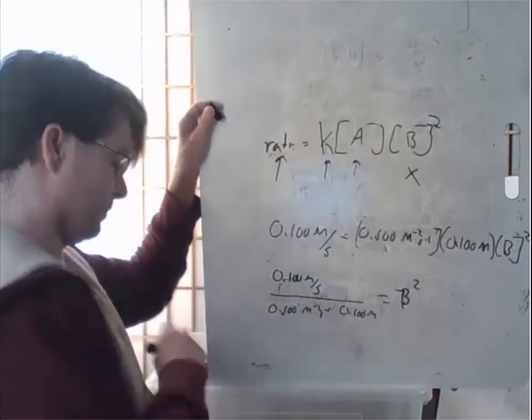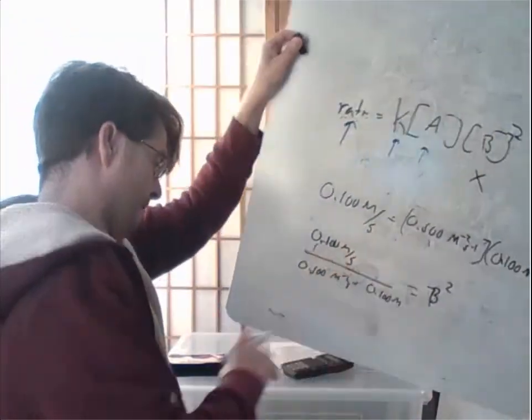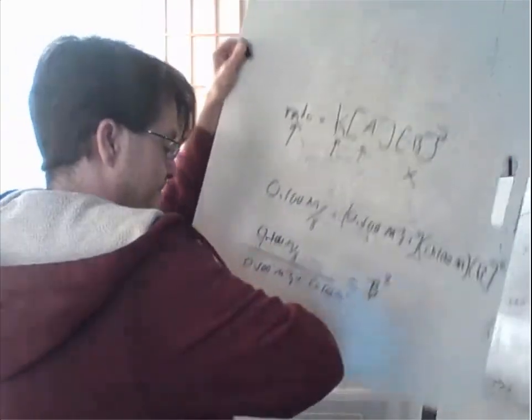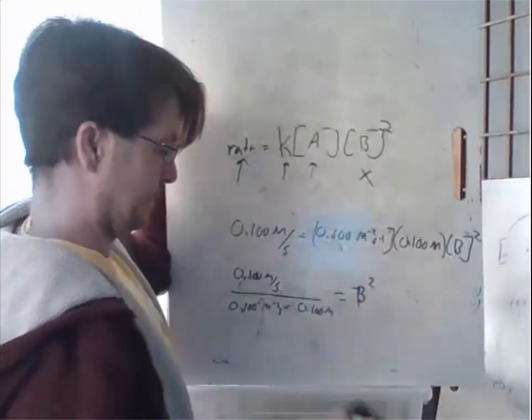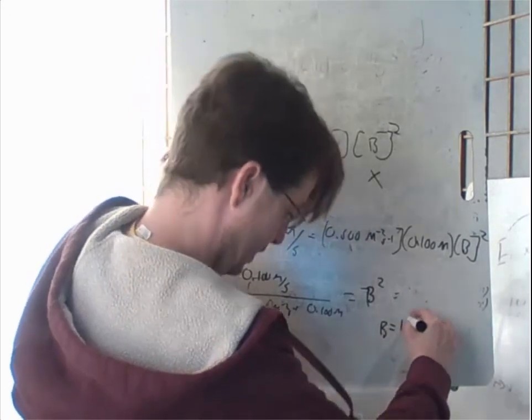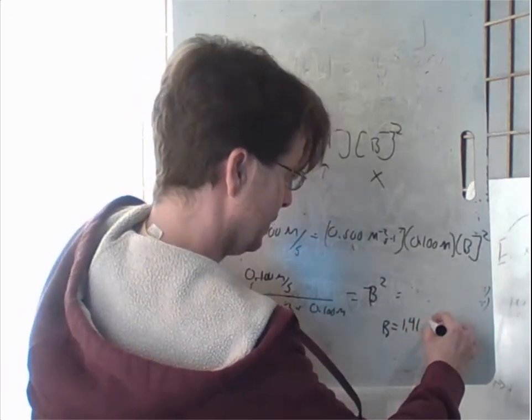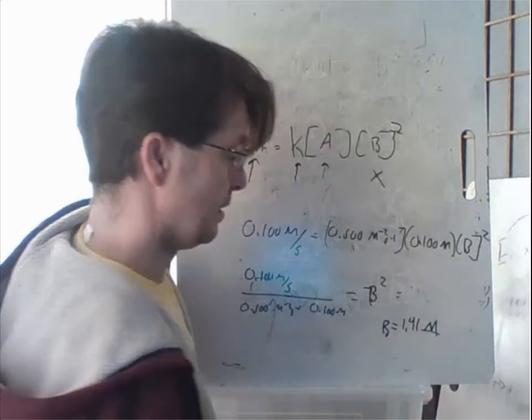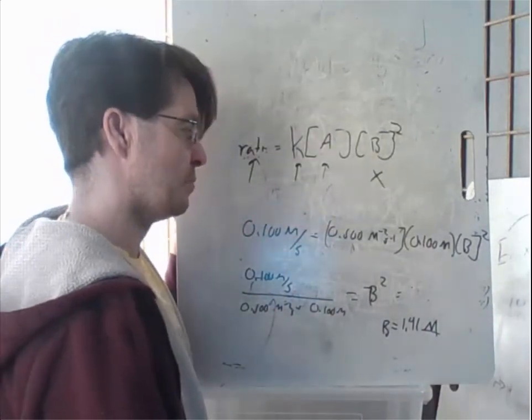And then we can solve for B. B should be equal to 1.41 molar for this to be the right speed.